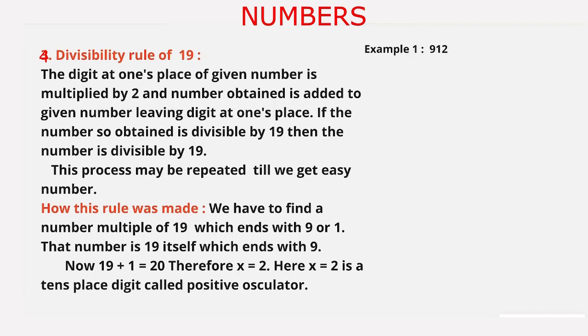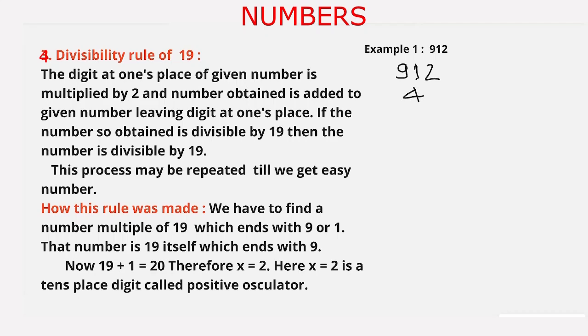The first example is, we have to find whether 912 is divisible by 19 or not. The digit at ones place of 912 is 2. We multiply 2 by this 2 and we get 2 times 2 is 4.